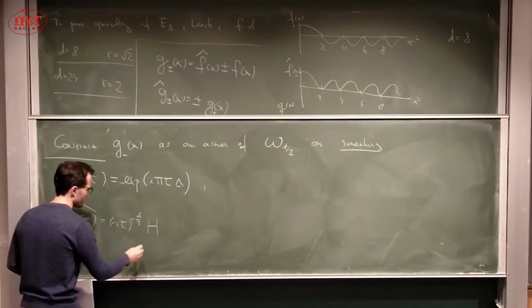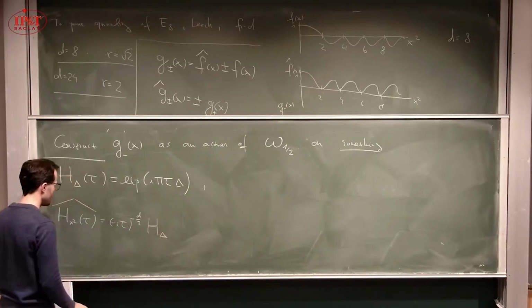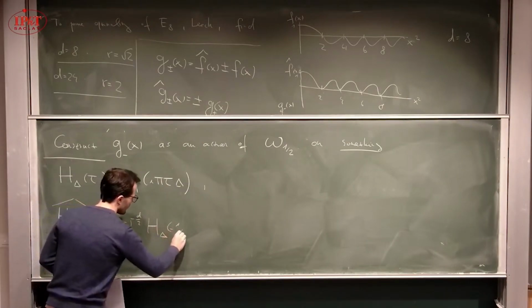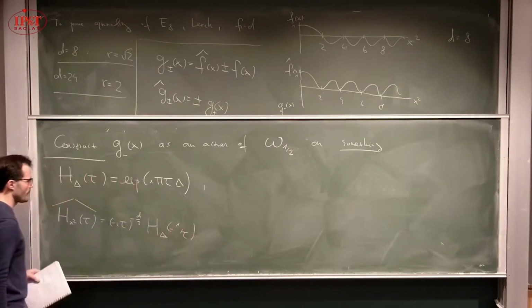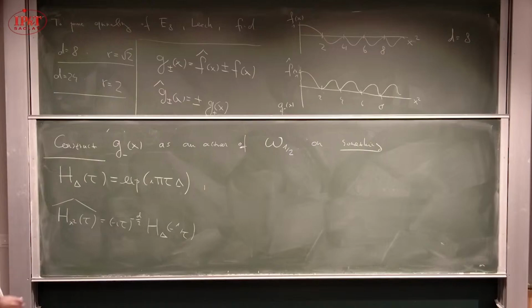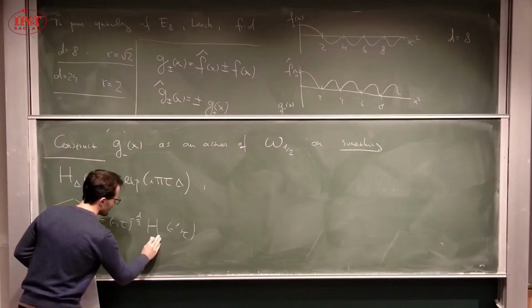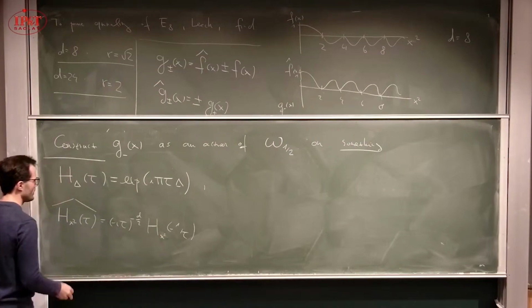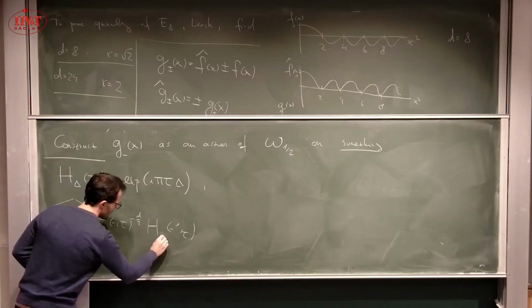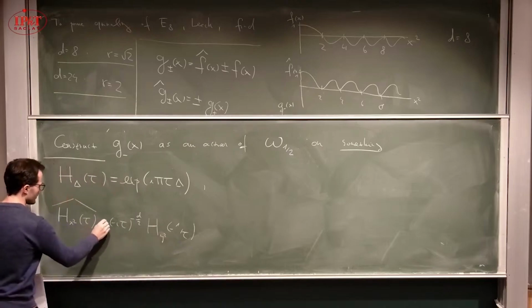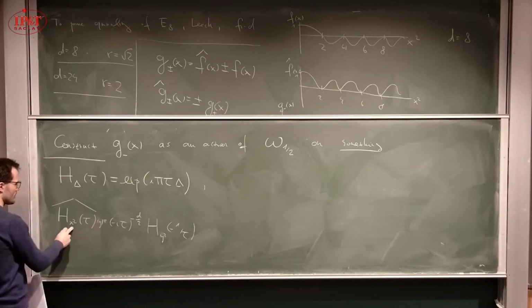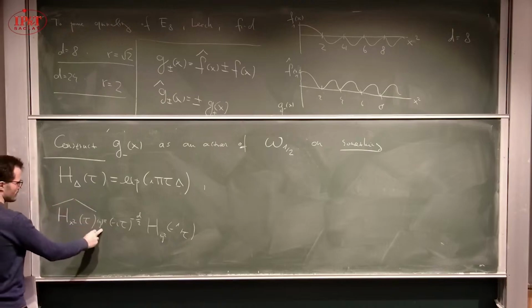It gives us the Gaussian with the same value of delta evaluated at -1 over tau. I mean, maybe I should say y squared. Right, so I take a Fourier transform with respect to x, a function of y.